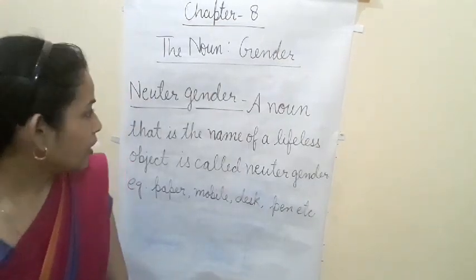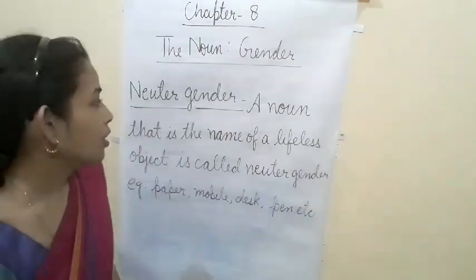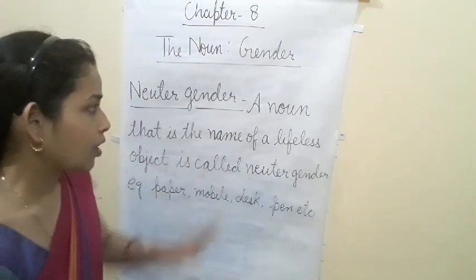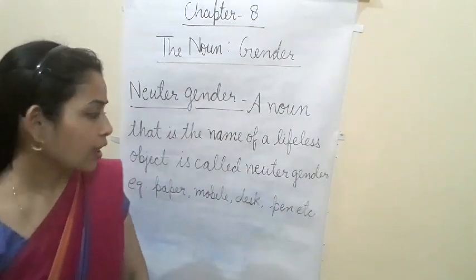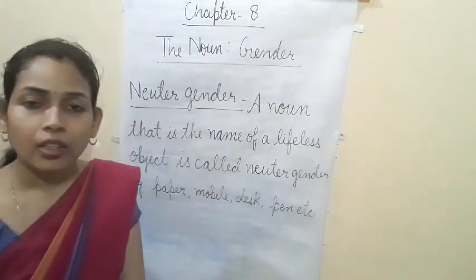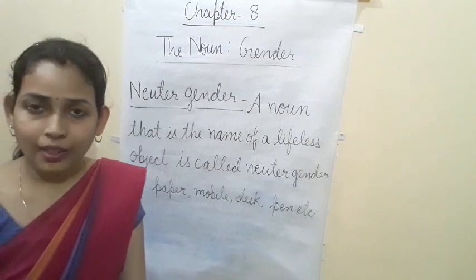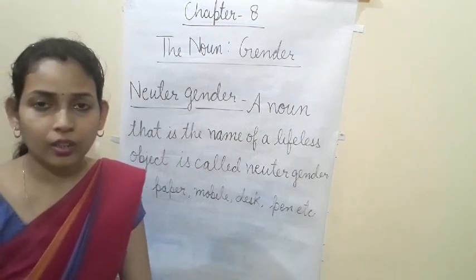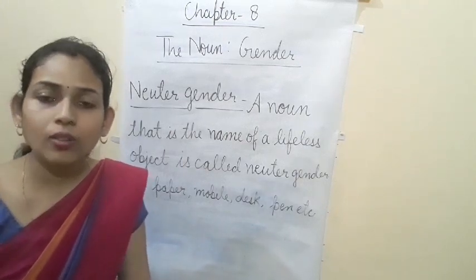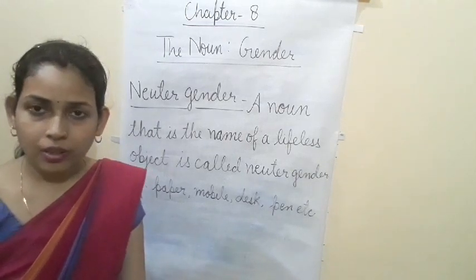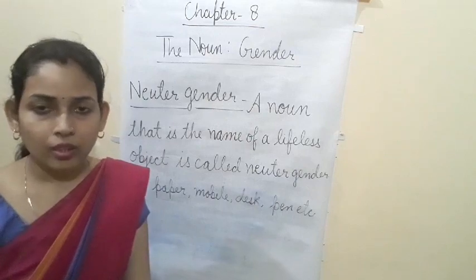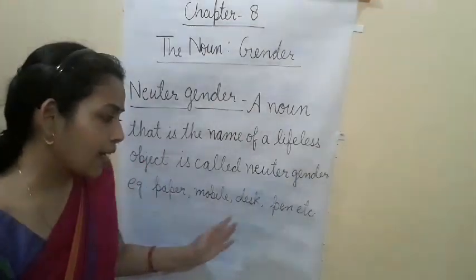So the next point is neuter gender: a noun that is the name of a lifeless object. A lifeless object is called neuter gender, meaning non-living things, which have no life, like pen, paper, fan, table, chair, book, mobile, desk.